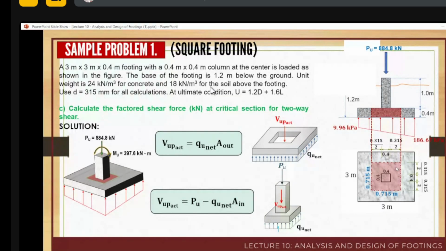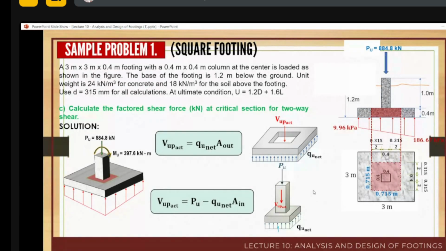Okay? So, again, di ba, kani, muna siya ang D over 2 sa punching from the face of the column to the perimeter, no, for punching is both sides, D over 2. D over 2 from the face of the column. 3 plus D over 2, D over 2. So, that defines the perimeter beside the O.